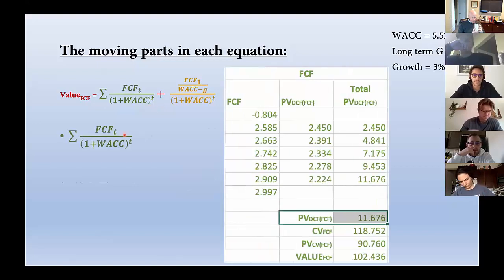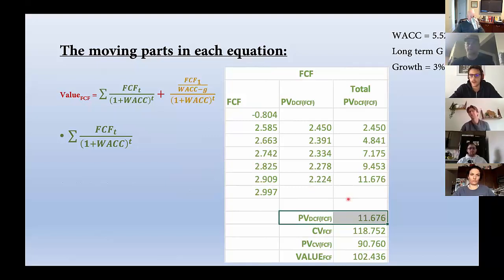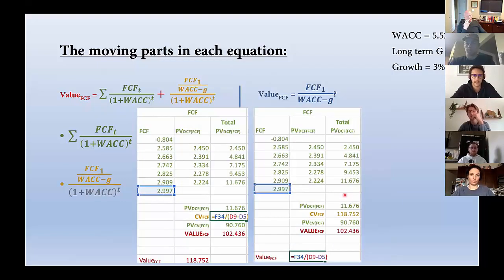The first part of the equation is the one we are all familiar with. It's the present value of the discounted cash flow, which is not really relevant for that particular question. But what's more interesting is the second part of the equation.